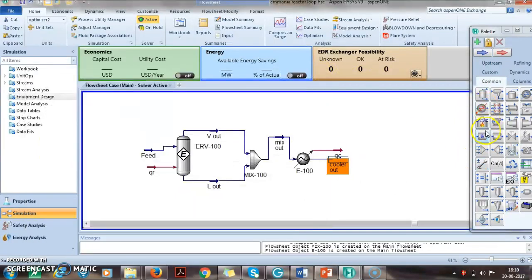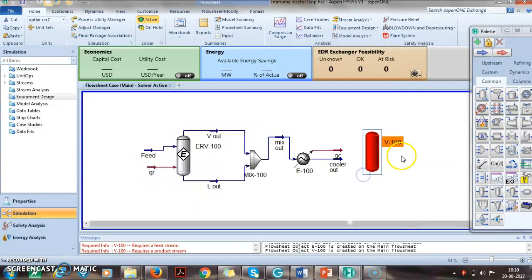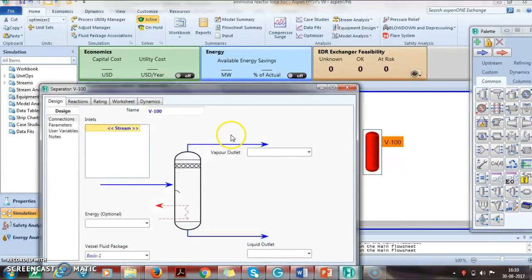For that we take a separator, the separating column, and we add the stream. There is cooler out, the unreacted gases you may say, and this is ammonia.